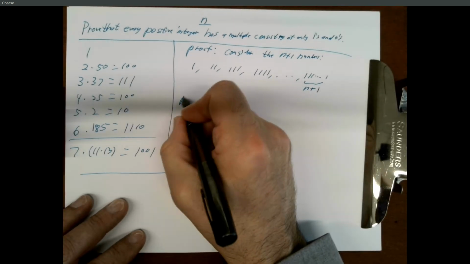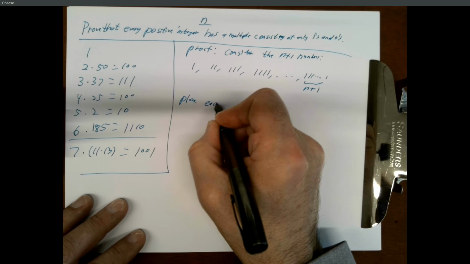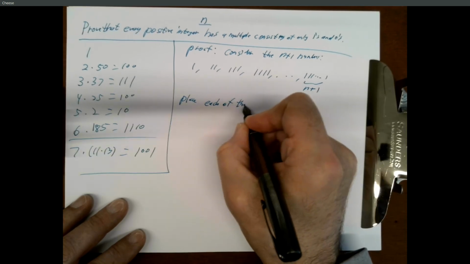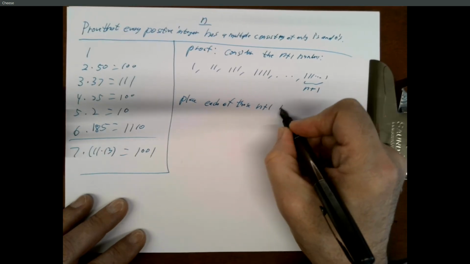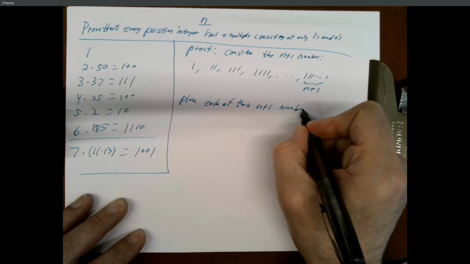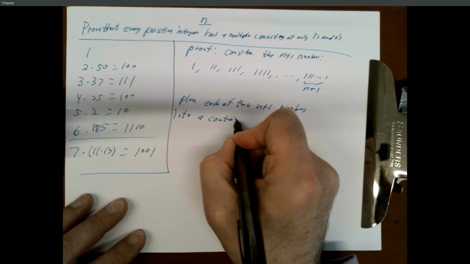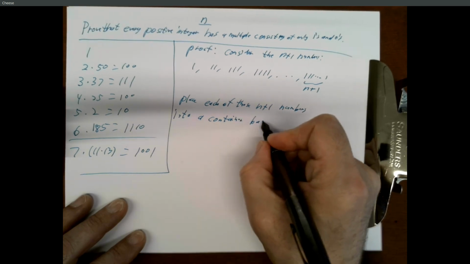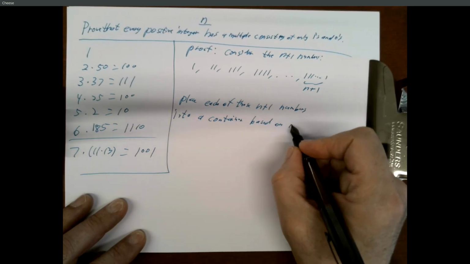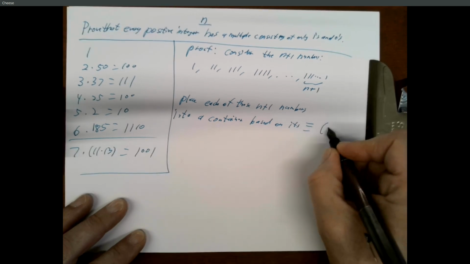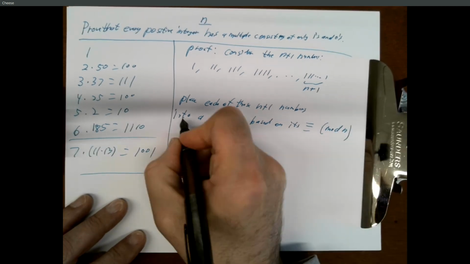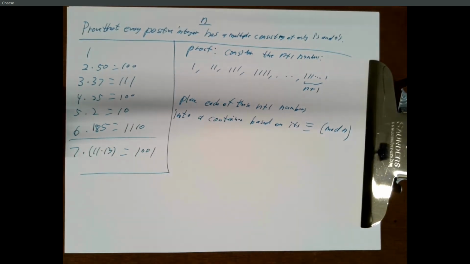Okay, so place each of these n plus 1 numbers into a container based on its congruence modulo n. So modulo n, everything is congruent to either 0, 1, 2, 3, all the way up to n minus 1.